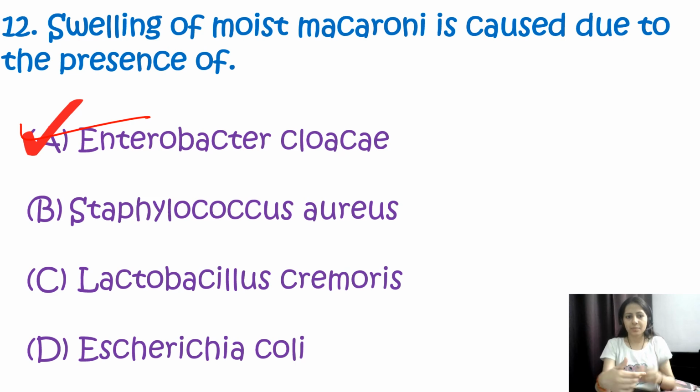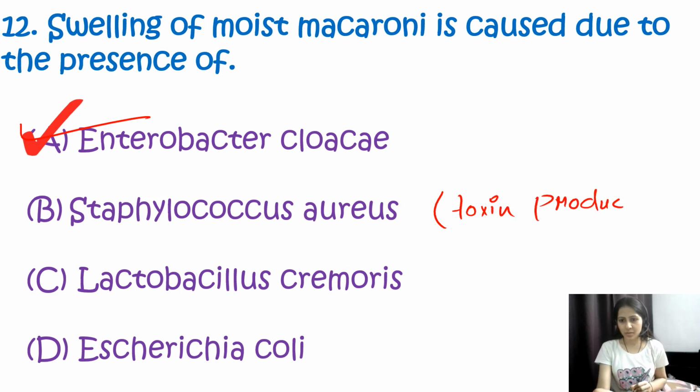Whereas Staphylococcus aureus, we know it can cause food poisoning through toxin production, and it is not typically associated with swelling cases. Next, Lactobacillus cremoris is commonly used in dairy fermentation.